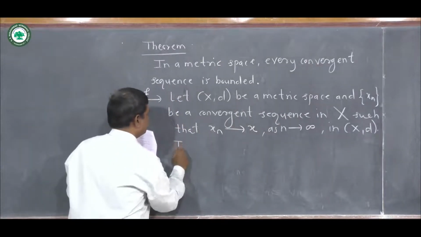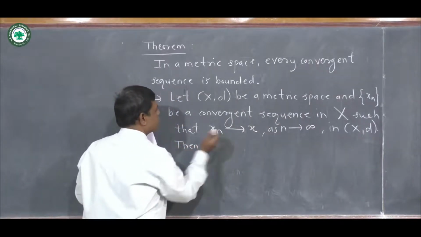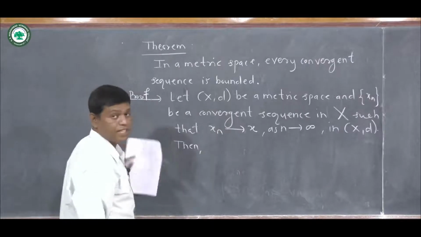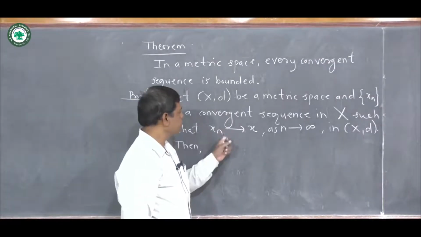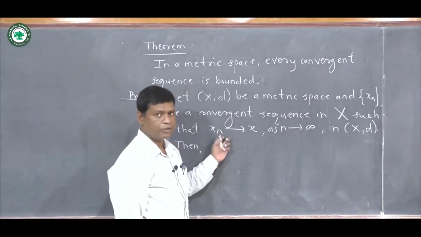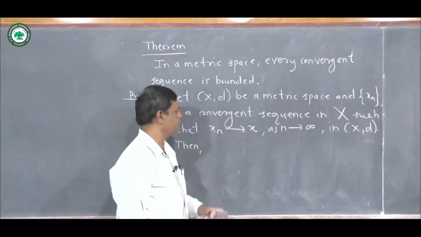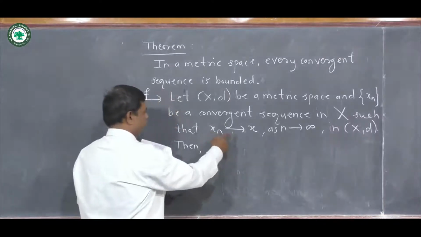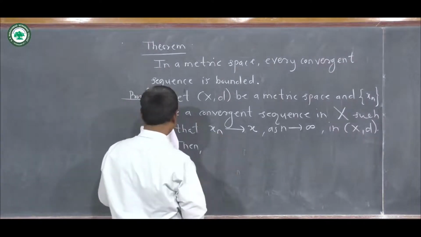Since this sequence is convergent, for each epsilon greater than 0, the distance between xn and x is less than epsilon for all n greater than or equal to capital N. Now we take epsilon equal to 1.